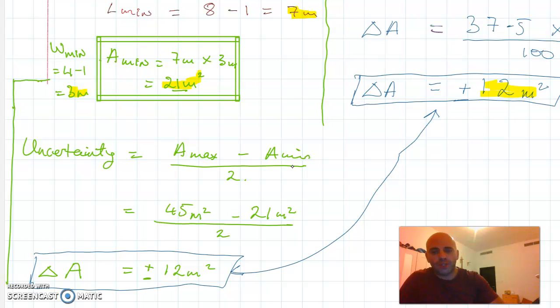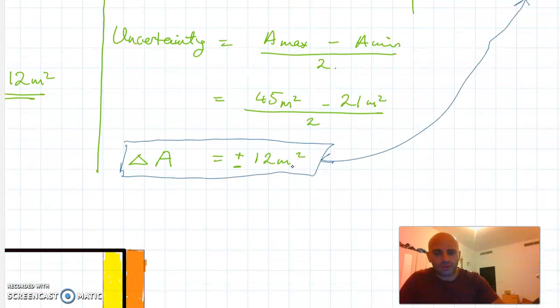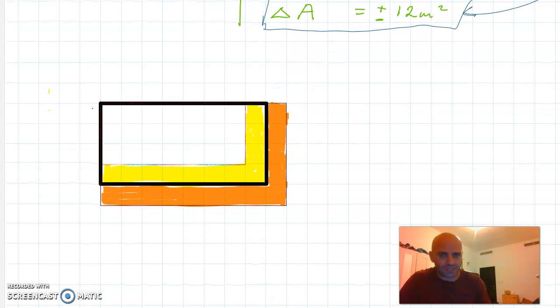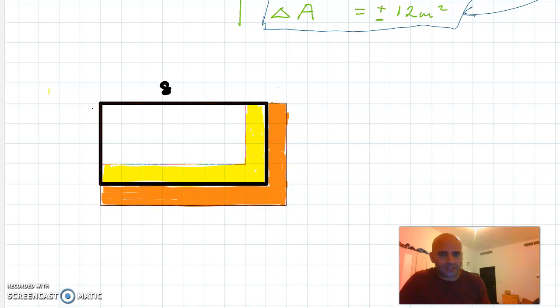Now, just a little side note, I wanted to show you what this looks like. You'll see here the heavy black line is a rectangle of 8 meters times 4 meters, which gives us an area of 32 meters squared.